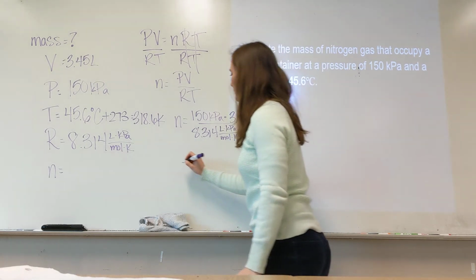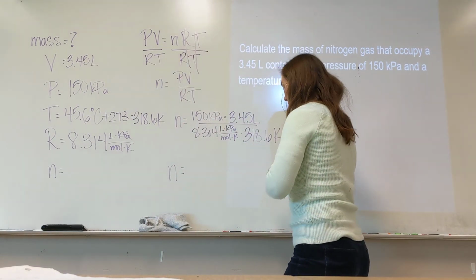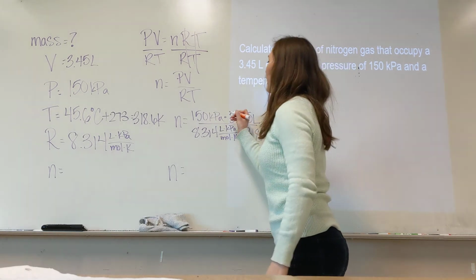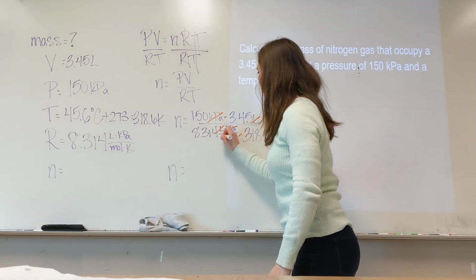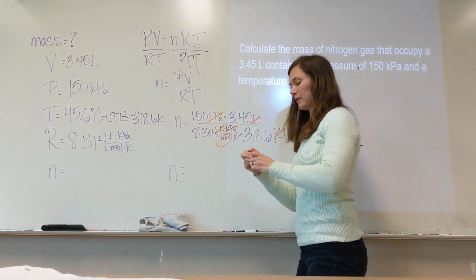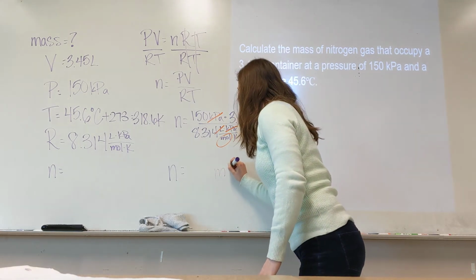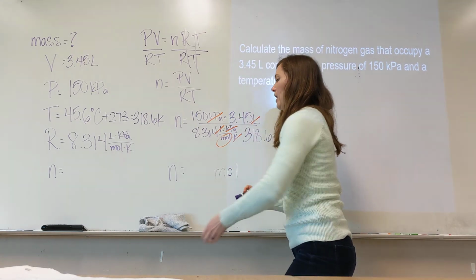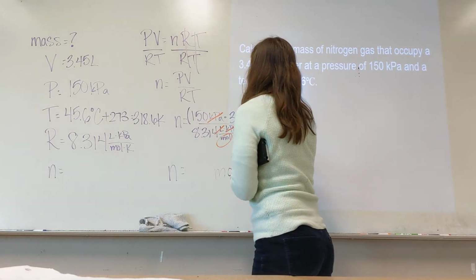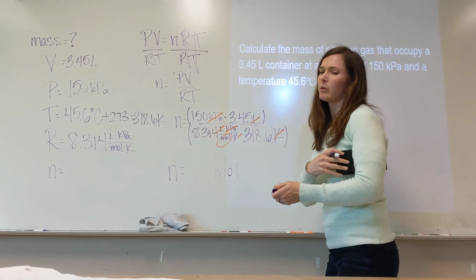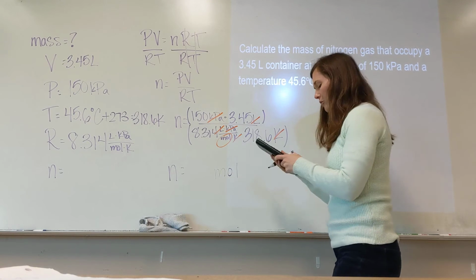Alright, just like last time, I want to make sure all my units cancel and I'll be left with the proper unit. So kPa cancels, liters cancel, Kelvin cancels, I'll be left with moles. n is the number of moles, so I'm good to go on that front. Also, make sure that you are putting parentheses around things or hitting equals between steps, so that you are performing this mathematical expression correctly.